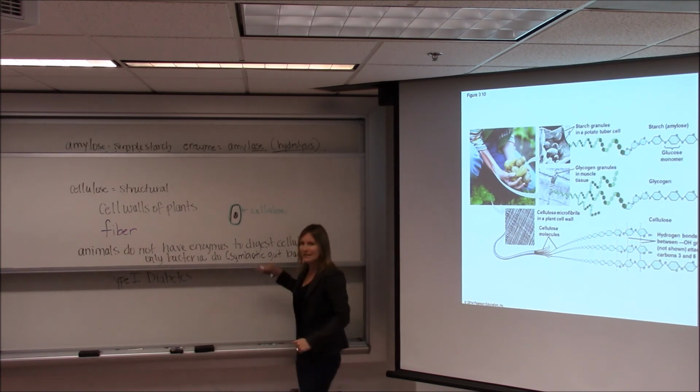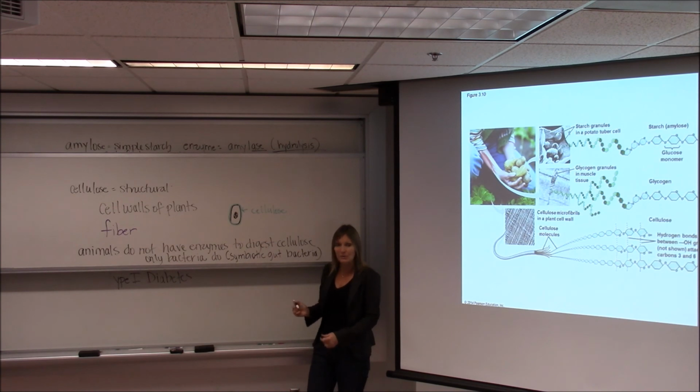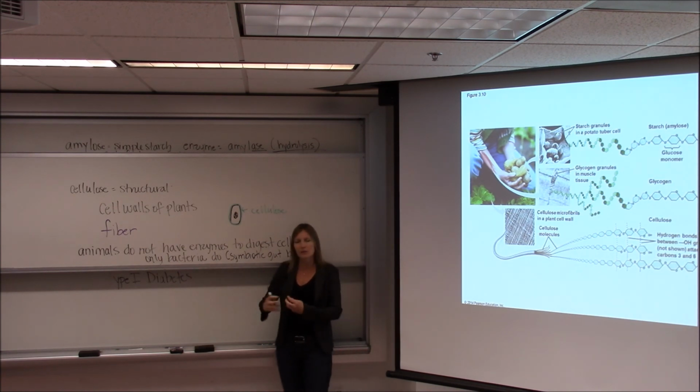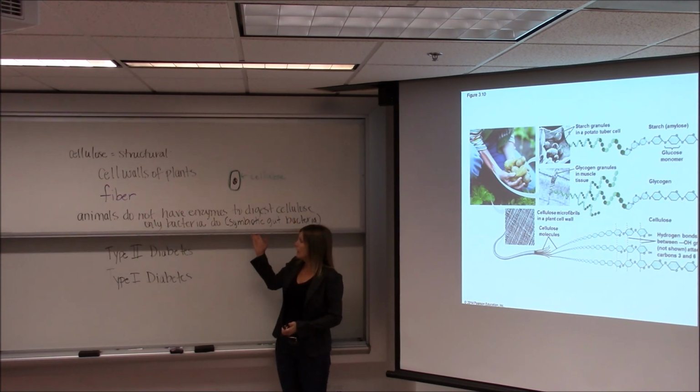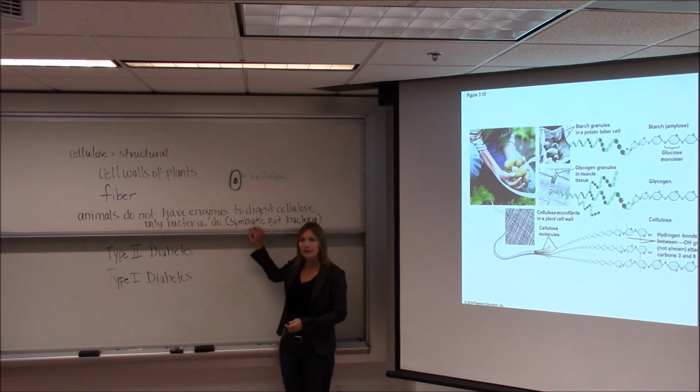And they're the ones digesting the cellulose for their host. It's this mutualistic relationship where the bacteria are digesting the cellulose for the animal, and then they're getting nutrients in this warm, safe place to live. So animals who eat a diet very high in cellulose actually have bacteria in their guts who do the digestion for them. We do not.